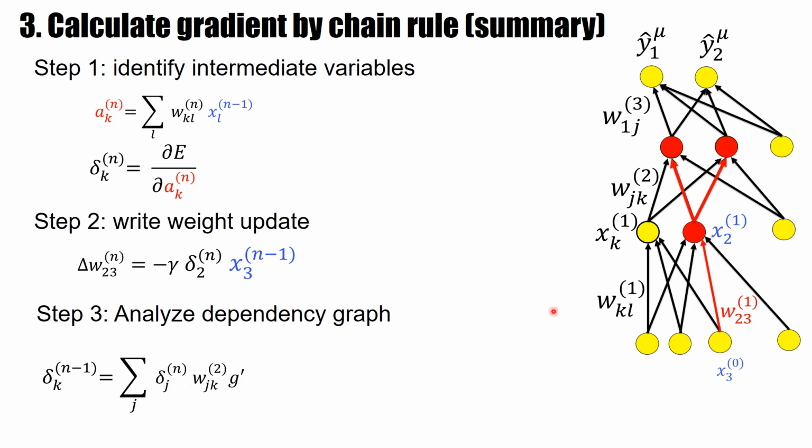This is why we first have to calculate the deltas here and then the deltas over there. So the calculation of the deltas has to be started at the output, and then the information goes backward through the network, and this is where the term backpropagation comes from.